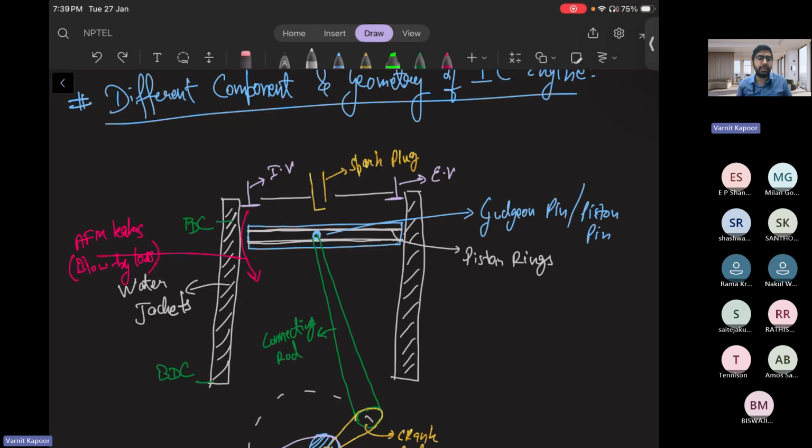You get to know immediately that the issue in your engine is that the piston ring has been damaged. And if it is damaged, your wear and tear is also increasing very highly, and your air fuel mixture is getting leaked out. So to reduce blow-by loss or air fuel mixture leakage, you want these piston rings to be especially brittle in nature.